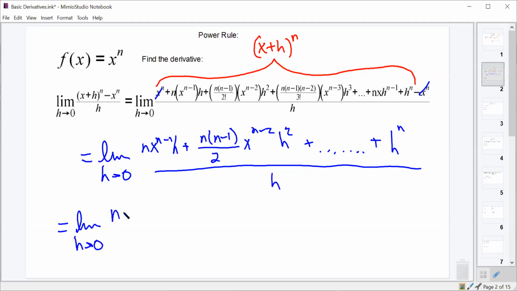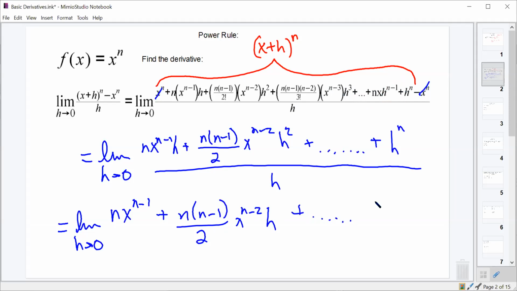N times x to the n minus 1. Yep. And the next term is going to become all of this same stuff just times h. And this next term will be all of this with just an h squared.